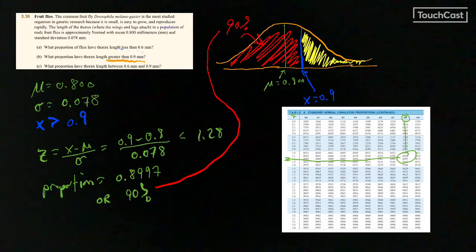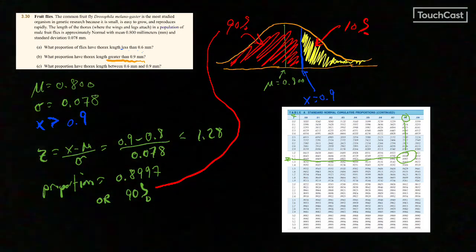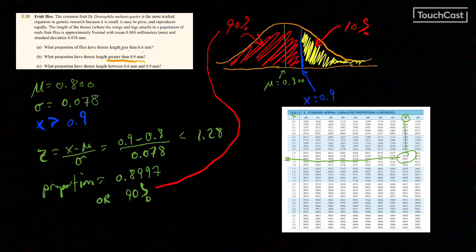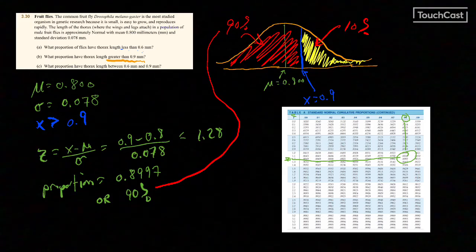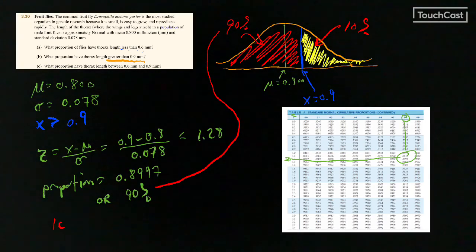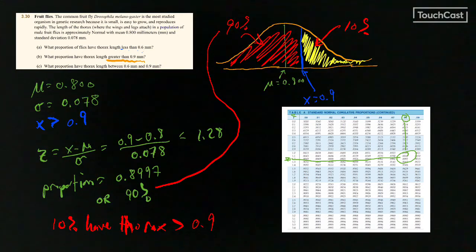And the obvious answer here, that's nice and easy, is just 10%. So the answer to part B is 10% have a thorax length greater than 0.9. So 10% have thorax greater than 0.9.